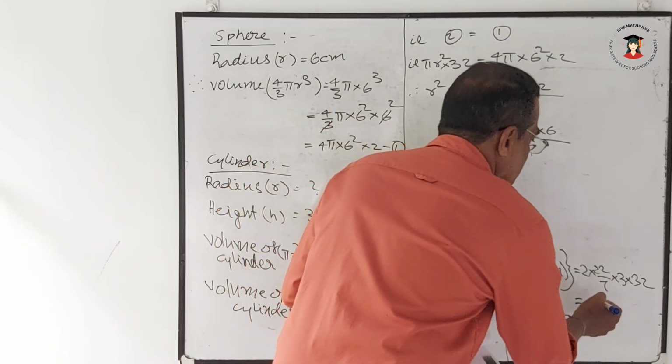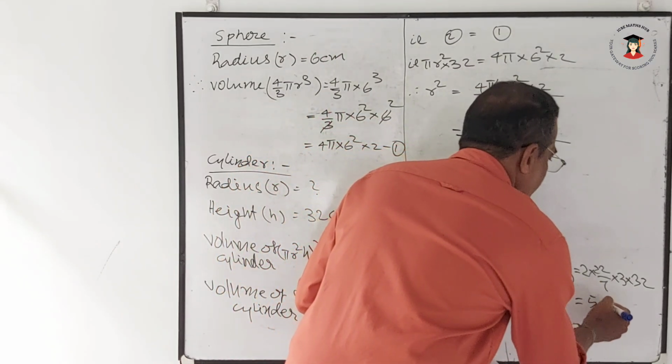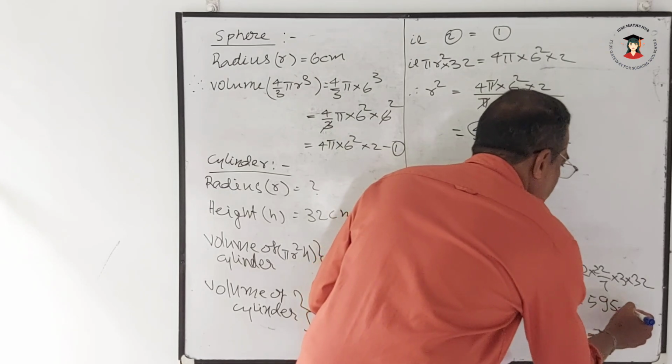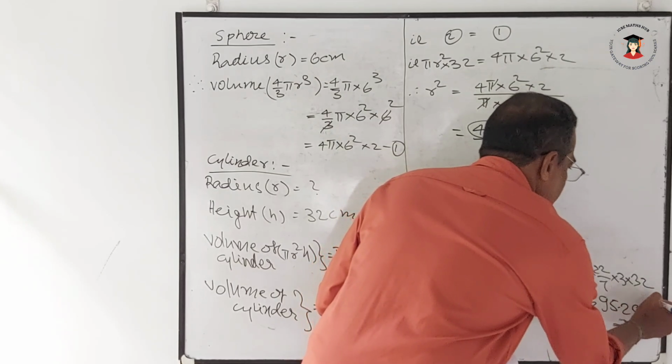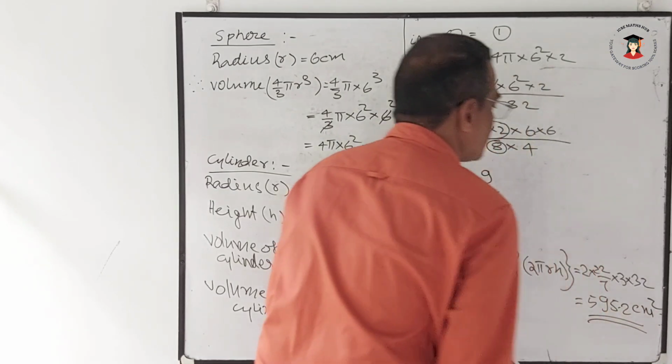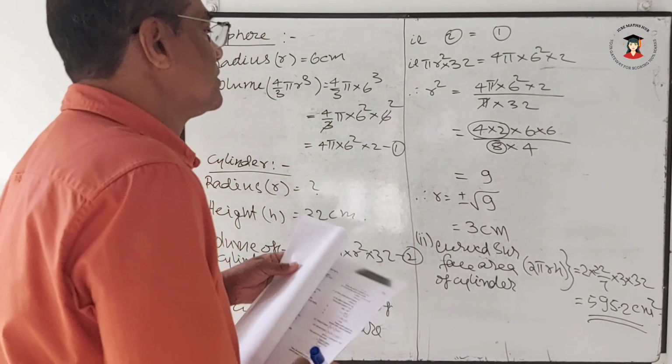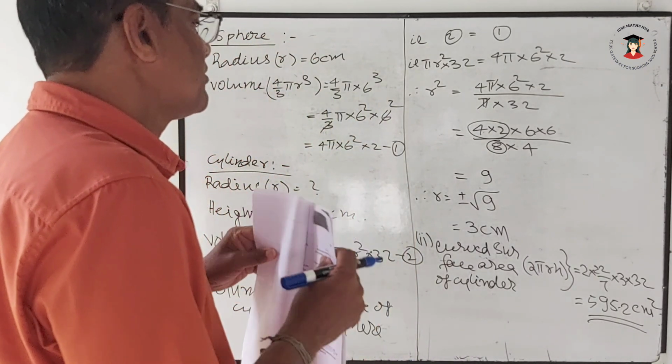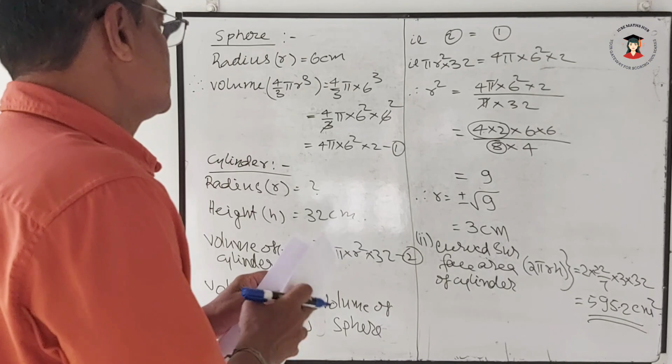Multiplication of this will give you 595.2 centimeter square.